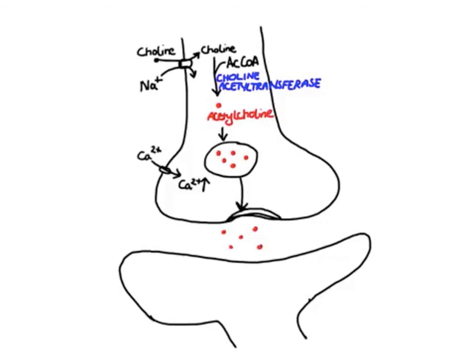Then with the help of calcium, these vesicles are transferred to the axonal end. After arrival of the nerve impulse, the vesicles move towards the axonal membrane.